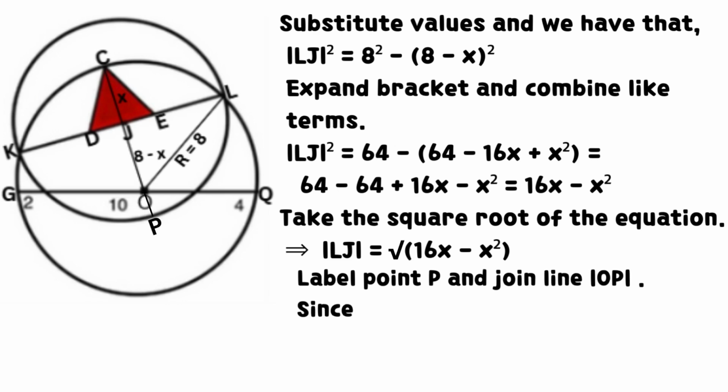Label point P and join line OP. Since line LJ equals line PJ, it implies that line OP equals line JP minus line JO.